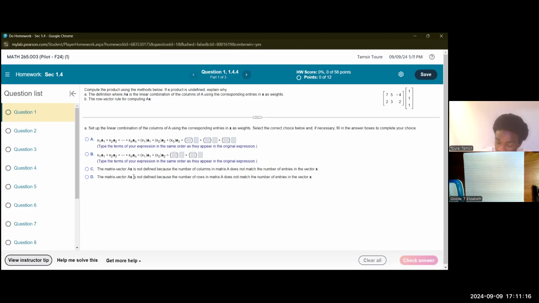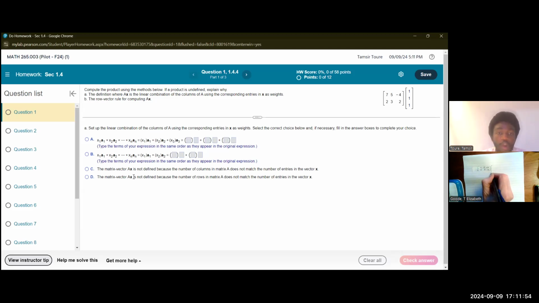So always use paper and pencil when you're working. You can figure out whether it looks like it's defined to you. Does it look like the number of columns of A is going to be correct for that particular vector X? Yes, it does to me too. So we've got 2 answers that say it's defined. The question is, is it going to be answer A or answer B? To figure that out, we have to carefully read those answers.